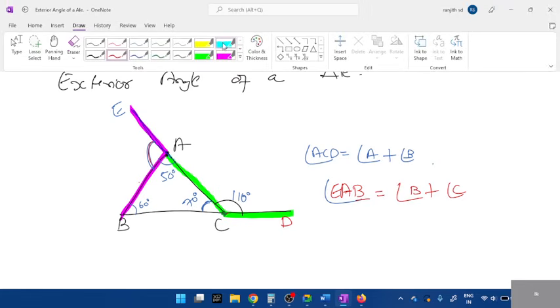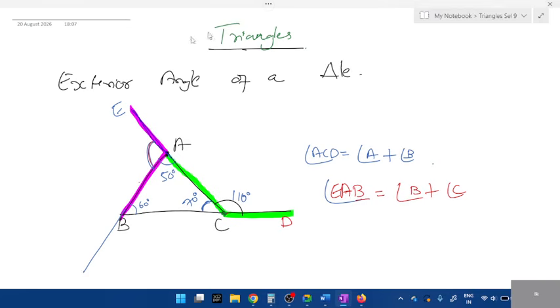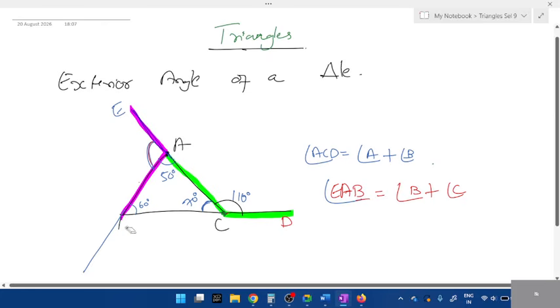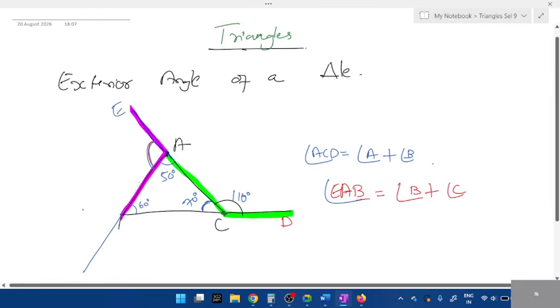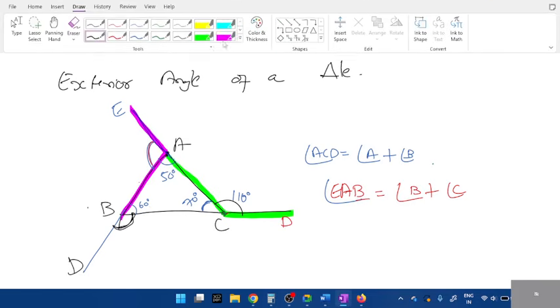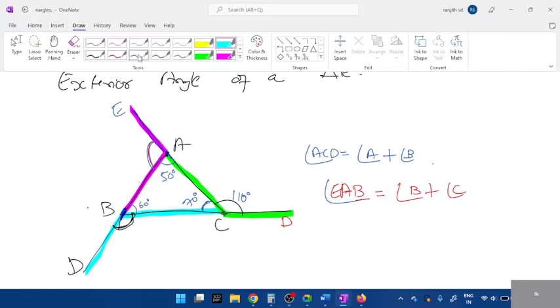Okay. Now I'll extend another line like this. Can you see the exterior angle is formed at B? Tell me how will you write this angle, students?